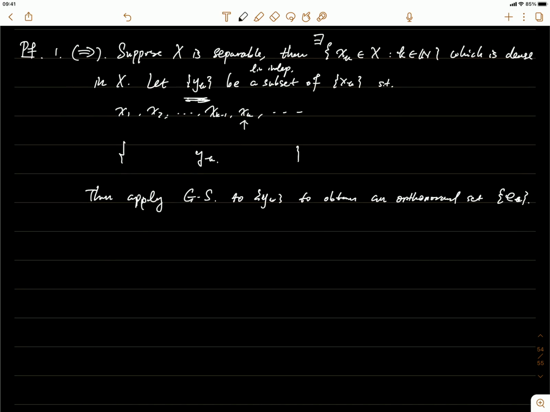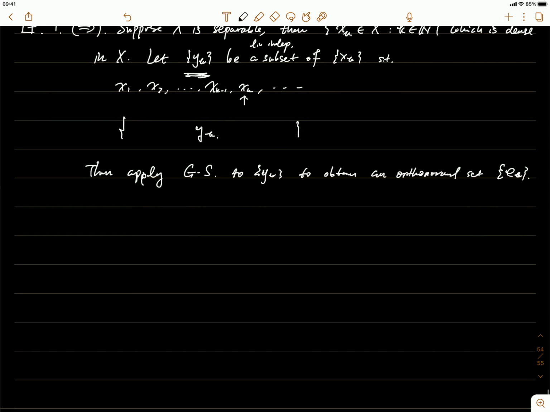I'm going to show that this ek is actually a basis. The reason is, you look at the span of xk. Because of the way we constructed or extracted this yk, we know these two are the same.